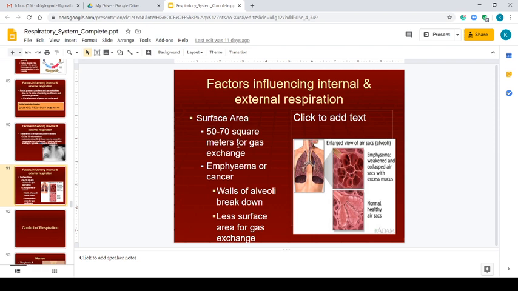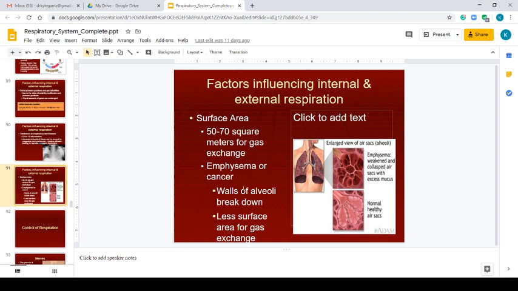Emphysema or cancer, where the walls of those alveoli break down, that is less surface area for gas exchange, right? Or if we have a tumor growing in there and something happens, right? And we've cut down on the amount of alveoli, they're getting compressed, they're not able to function. When we start to mess with that, that's going to affect external respiration.